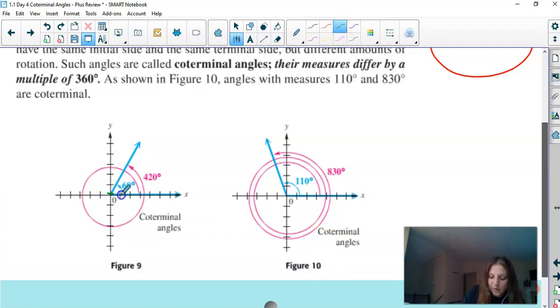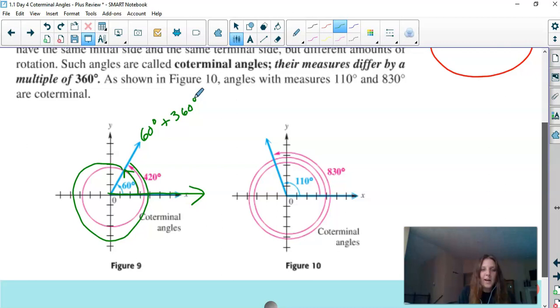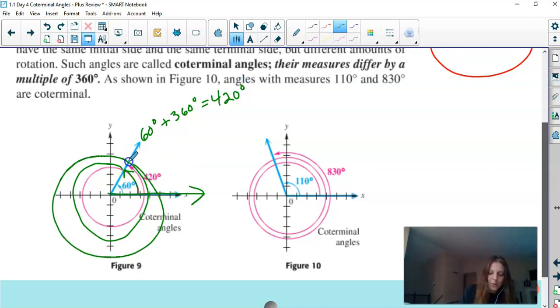If I'm talking about this angle right here, if you start at 0 and you rotate up counterclockwise, that gives you a 60-degree angle. Now, if you continue that rotation around 360 degrees, you now have the same angle, but it sits at 420 degrees. If you rotate again, you could again add the 360.